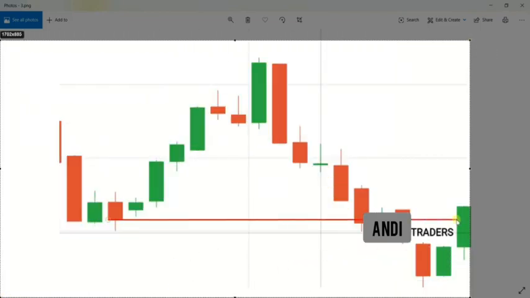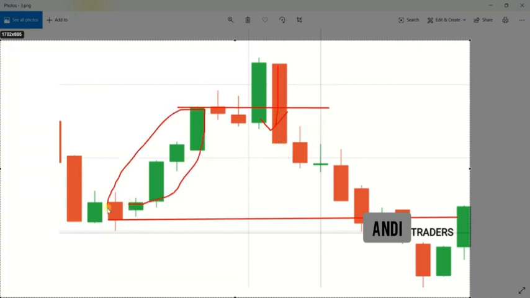Here also we are seeing a bullish momentum start from this level and it ends at this level. With this strong candle we can confirm the momentum, this momentum will repeat on the right, so we can go with sellers here.